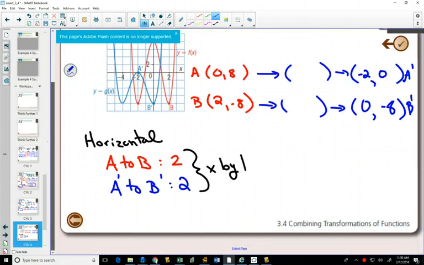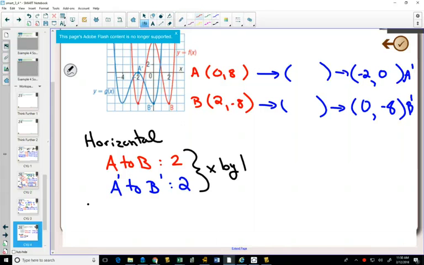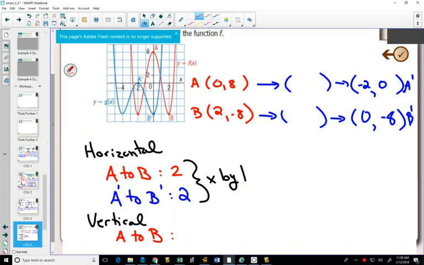Secondly, if we look at vertical distances, if we look at A to B, we start up at 8 and we go all the way down to -8. Signs are important. That means we've gone down 16, so we'll show that as a -16.